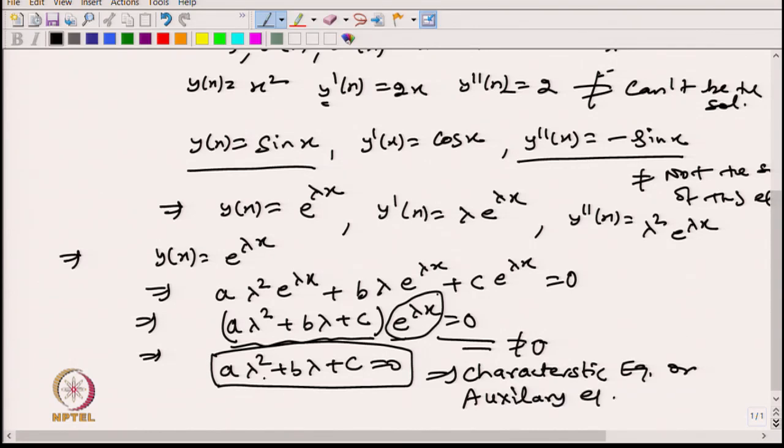Now, this is a quadratic equation because we are dealing with a second order linear differential equation.